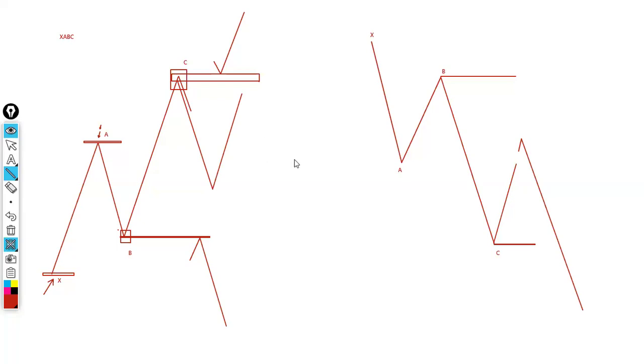So now, looking at what we have here, if I have my SABC, the first thing I might want to look out for is the midpoint of my BC. Where is the midpoint of my BC?